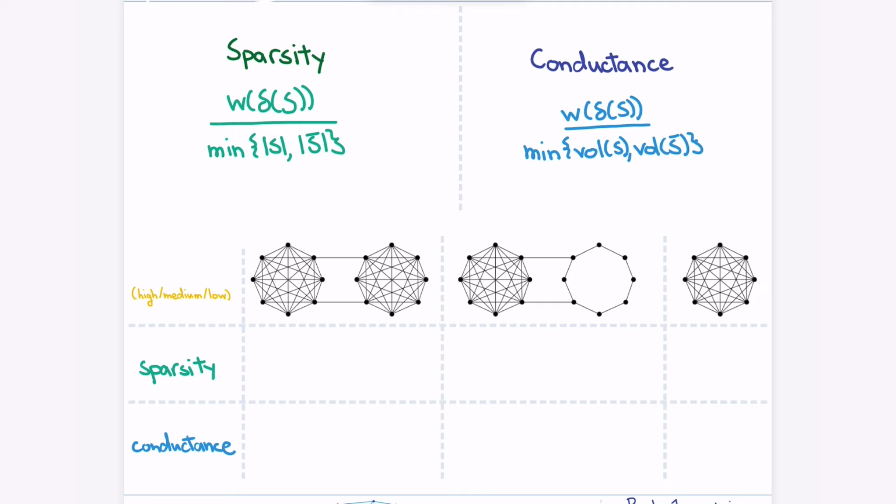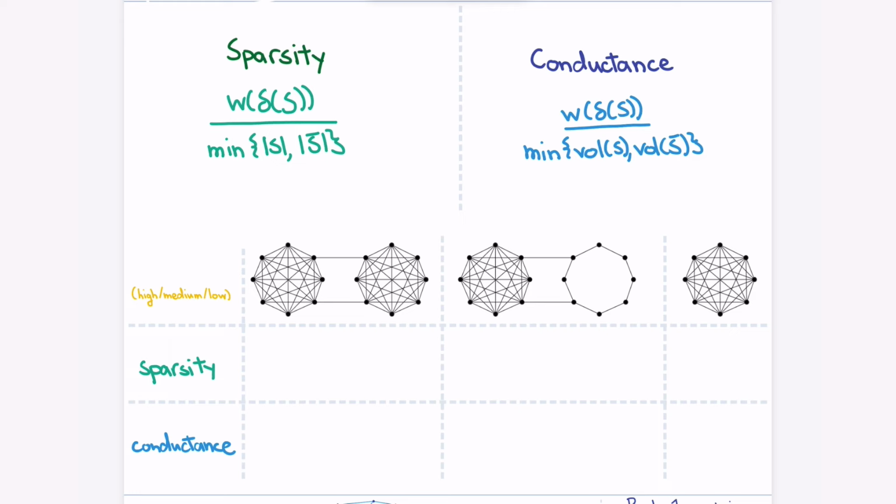Sparsity is divided by the number of vertices, and conductance is divided by the volume, the sum of degrees on each side. Here are three different kinds of graph: two cliques connected by a couple edges, one clique and one cycle connected by a couple edges, and just one clique. You have three main choices: high, medium, or low.